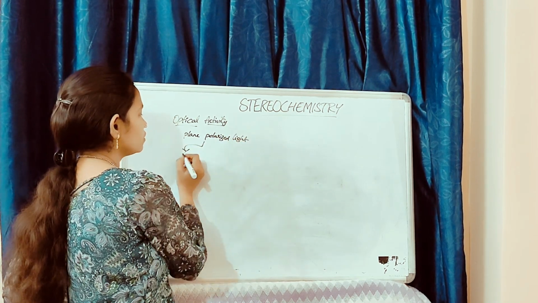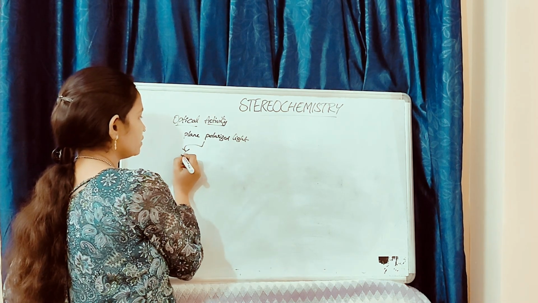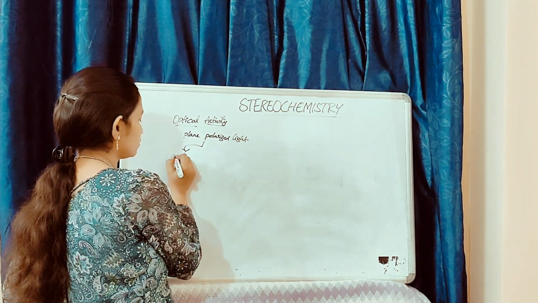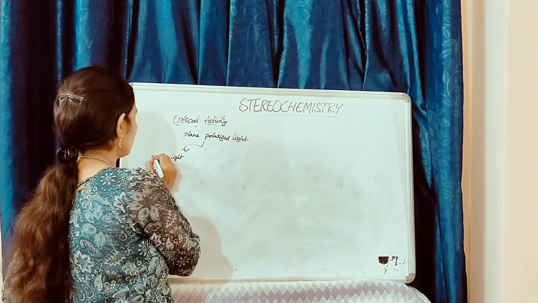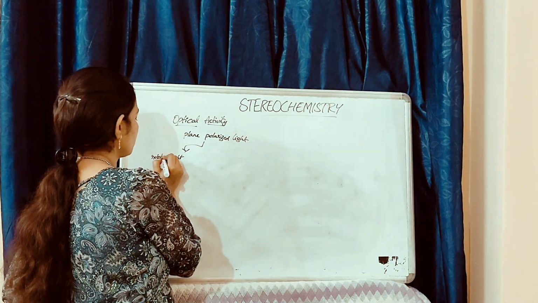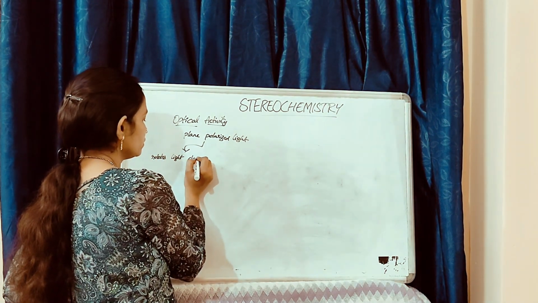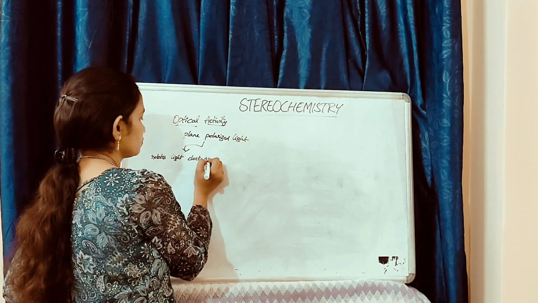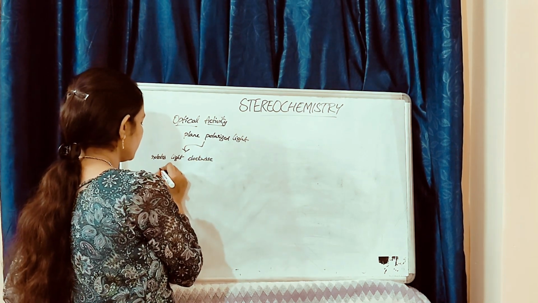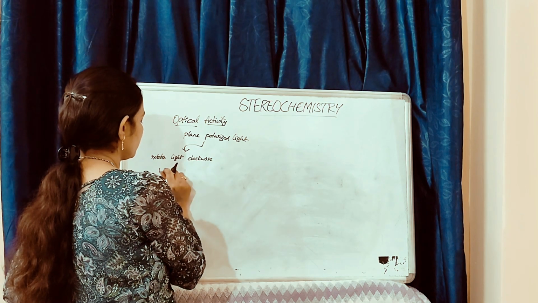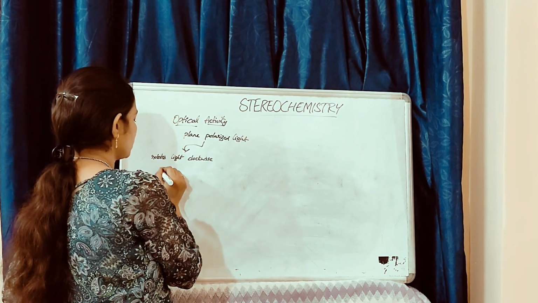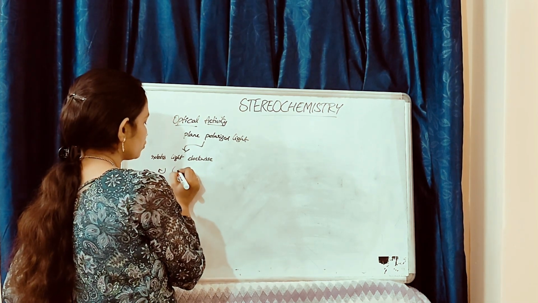If the molecule rotates light towards clockwise, then it is dextrorotatory.